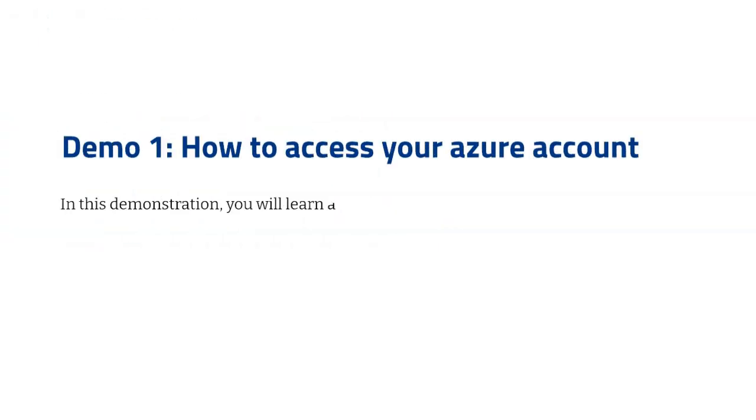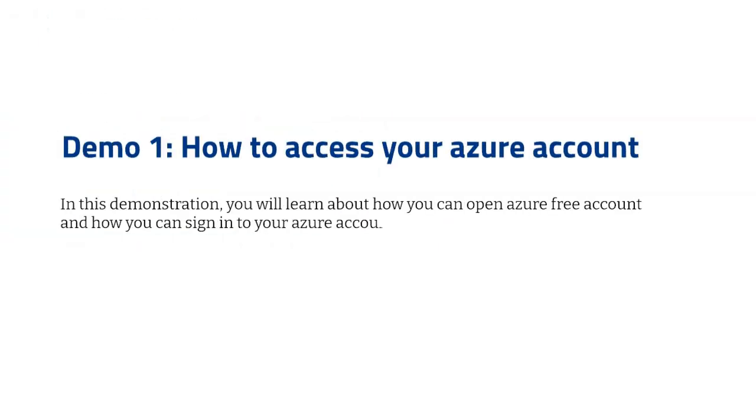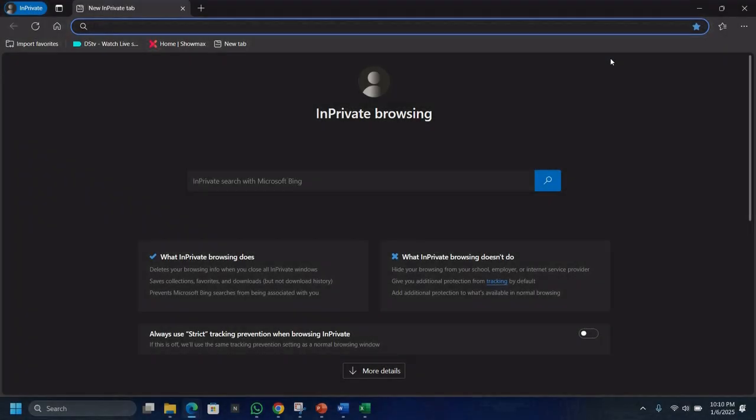In this demonstration, you are going to learn how you can open an Azure free account and how you can sign in to your Azure account. So I've launched a private browser on my system.